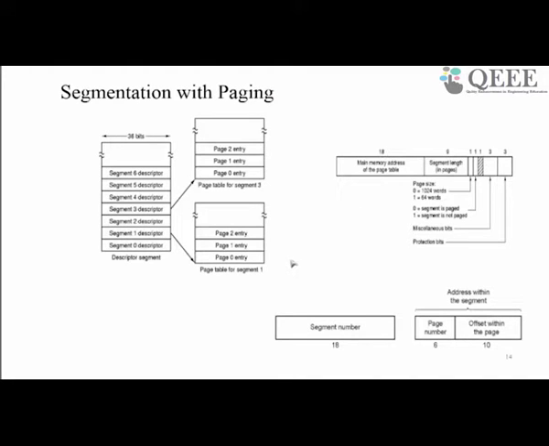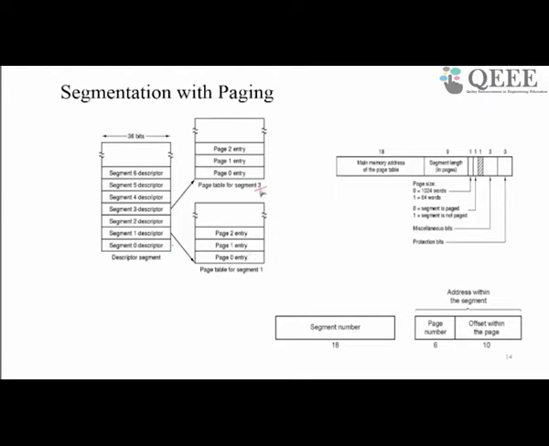Here is a more detailed illustration. Here you have a number of segments. Each segment has a segment descriptor, that is, the segment 0 descriptor is present here and so on. Each descriptor will have a pointer to the corresponding page table. For example, this is the page table corresponding to segment 1. For segment 3, this is the page table.